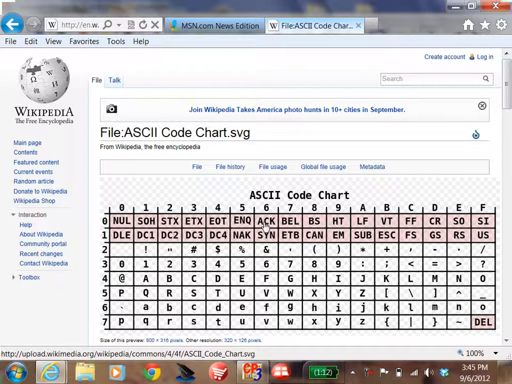ACK means acknowledge. NAK means not acknowledge. The bell stands for ding. Null means nothing. Anyway, all these have meanings.